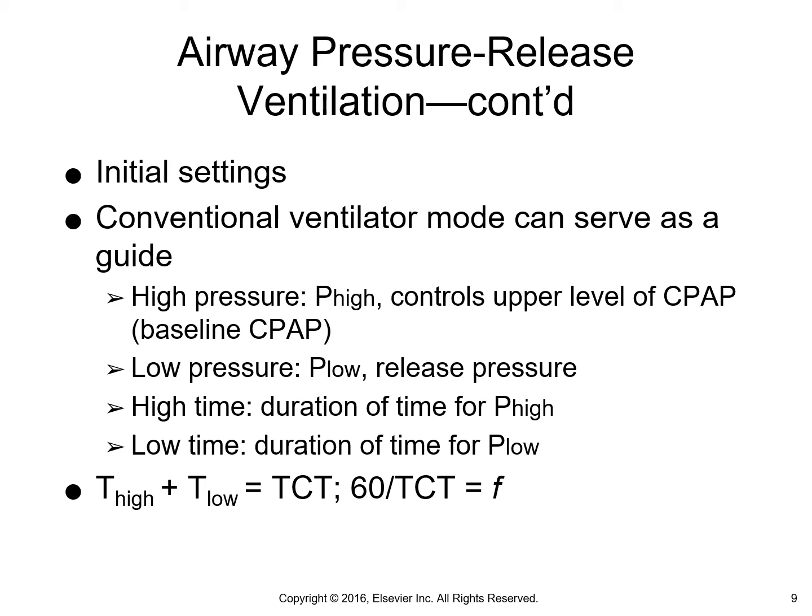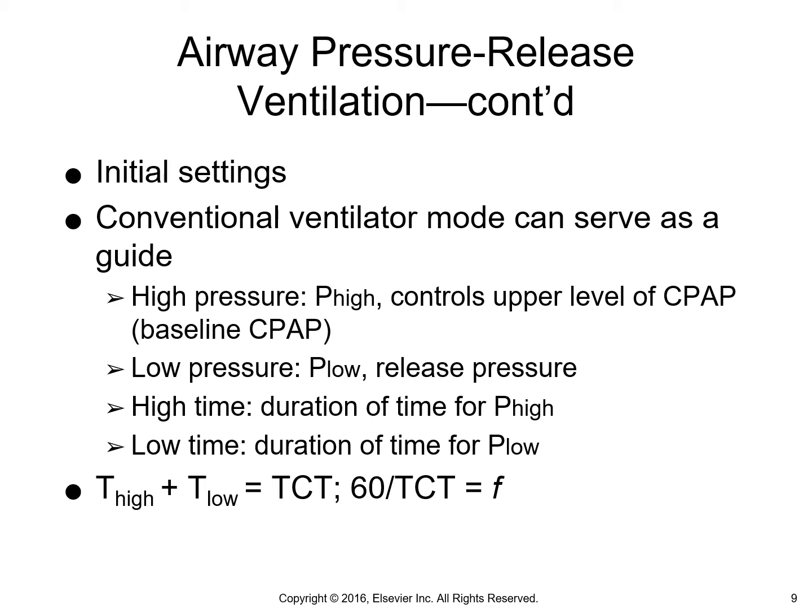If we look at the I to E, that's 5 to 0.5, or basically 10 to 1. So that would give us 60 divided by 5.5. Again, you're taking 60 seconds divided by your total cycle time, which gives you about 11 breaths per minute.